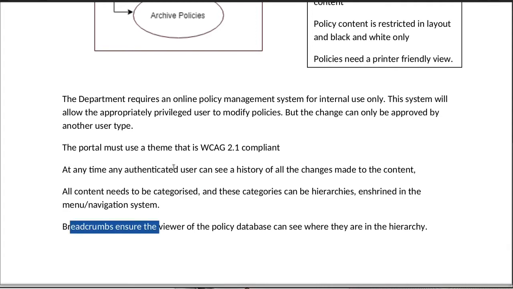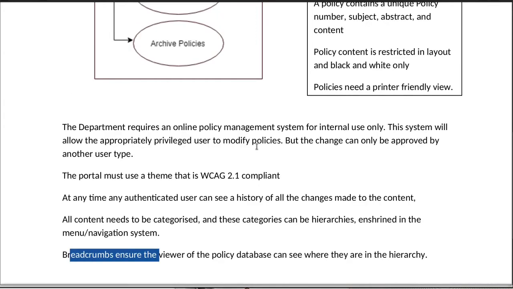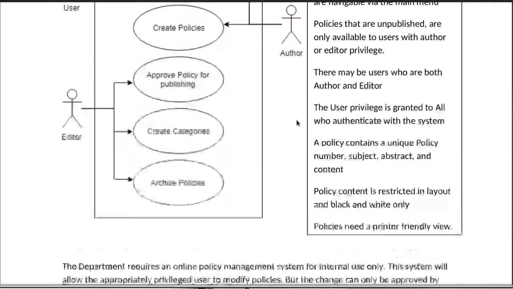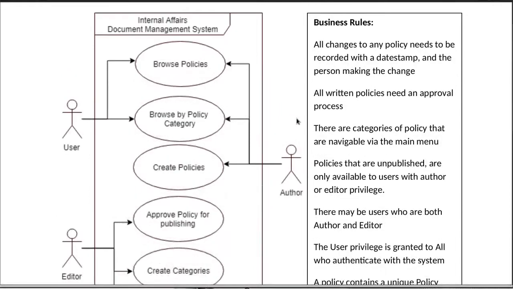And breadcrumbs allow us to move up and down a hierarchy of a category, subcategory. So that's the specification in a nutshell. And we'll get straight ahead with installing Drupal and configuring it.